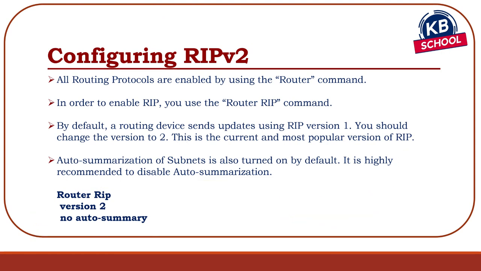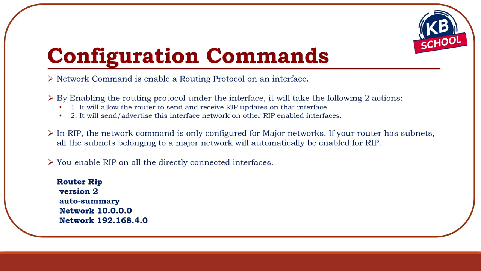Now, once you've done that, you need to enable the interfaces for RIP. And how do I do that? The network command, just like you do on the router, on the ASA firewall. The purpose of the network command is to enable the router to send and receive RIP updates. Do you guys remember to-the-box traffic? Only traffic for enabled services on the interface is allowed.